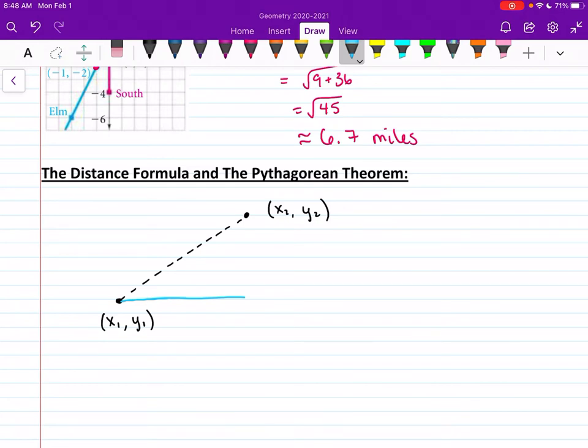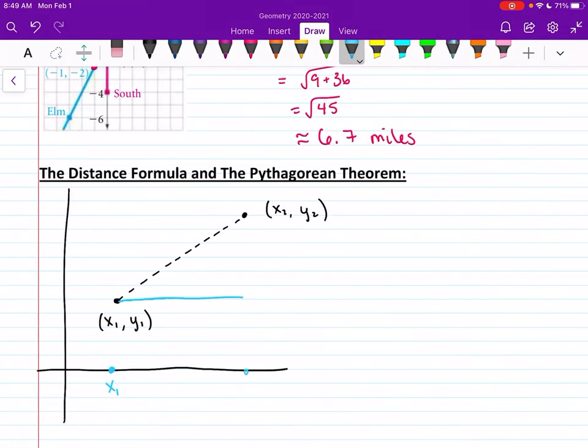Let's put this on a coordinate plane, might be easier. Here is x1, and here is x2. So this distance, from here to here, would be x2 minus x1, which we're going to call a.